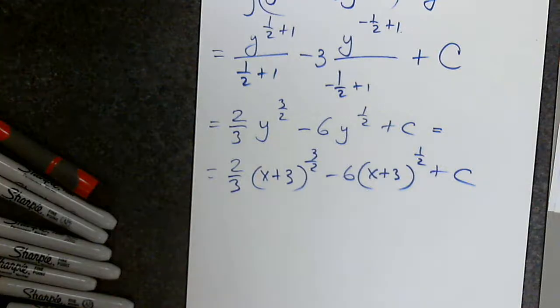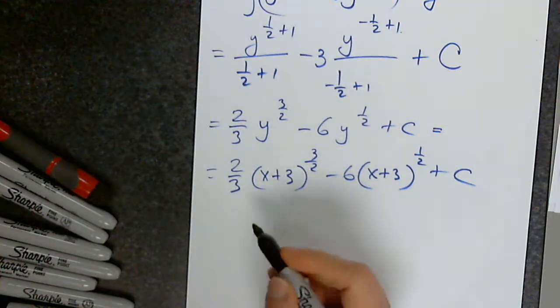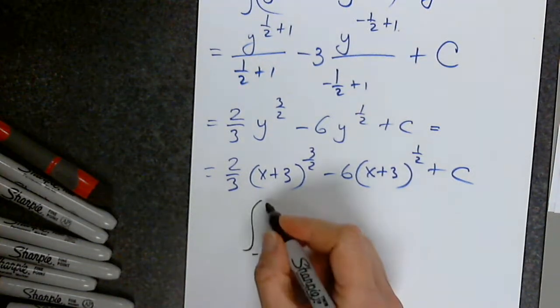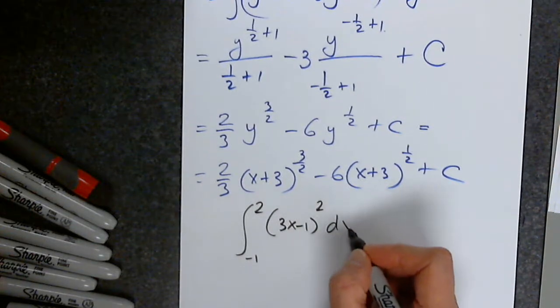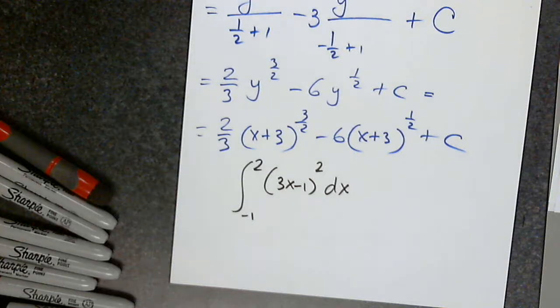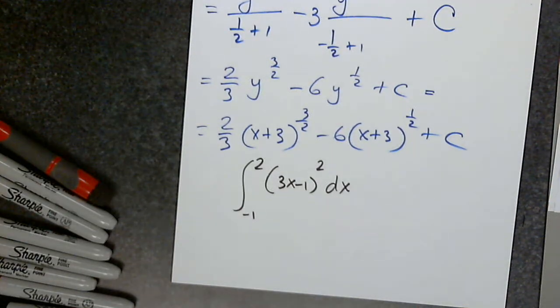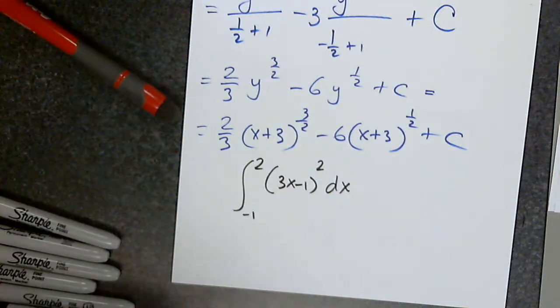Okay. So the integral from negative 1 to 2 of (3x minus 1) squared dx. You can say, I'm going to square 3x minus 1, not a big deal, and finish it up. True. But let's use a substitution.